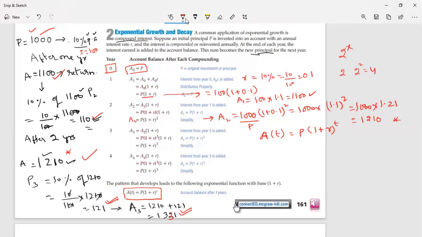Here the interest is compounded annually. After every year, the interest is being compounded, meaning the bank is calculates interest on the amount that we borrowed after every year. So this is the formula to use for every year.